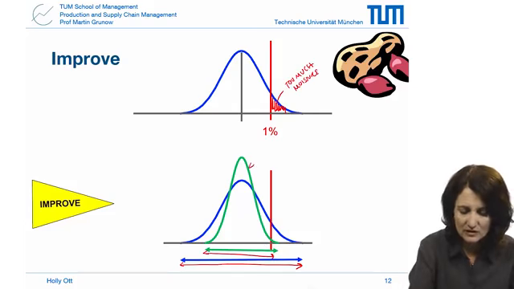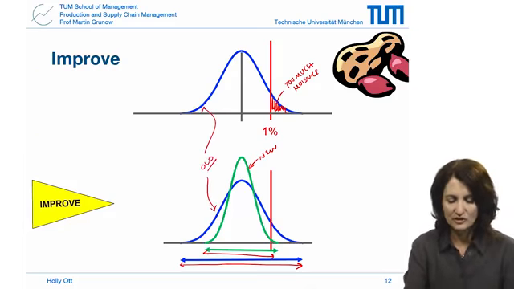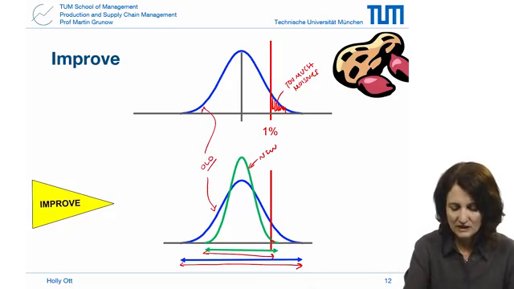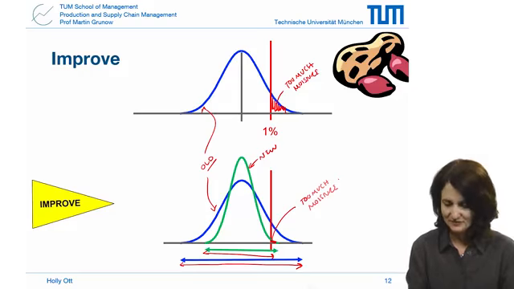So this is the new here, and here's the old moisture distribution. Here we have outside of our 1% level, still too much moisture, but a very, very small percentage of our overall production now that we've improved our process.